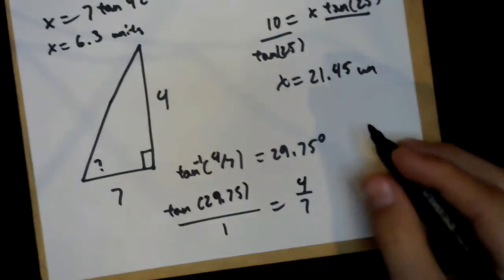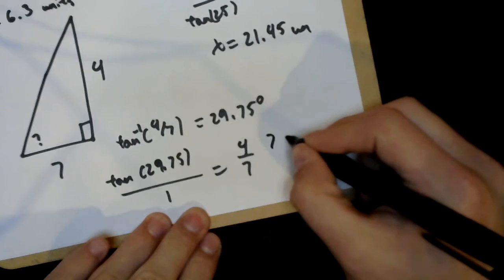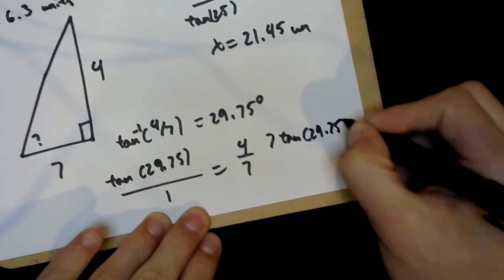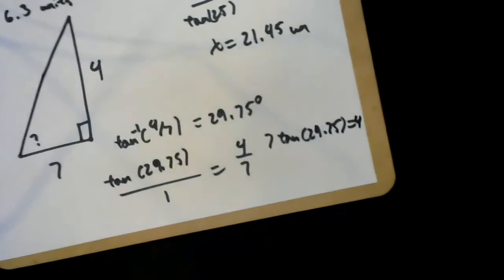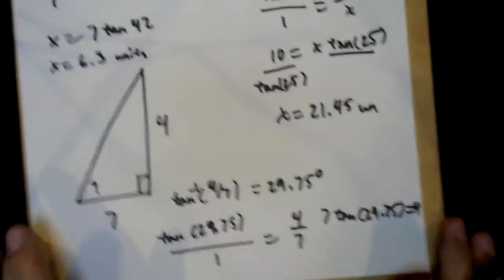So 7 tangent of 29.75 should equal 4. Which it does. So we know that's correct.